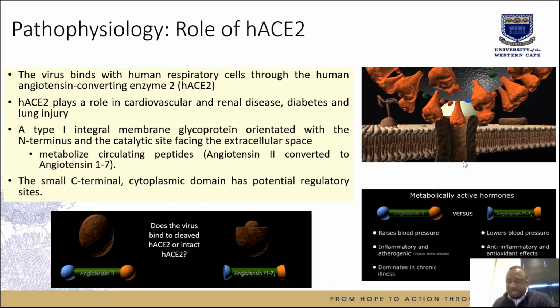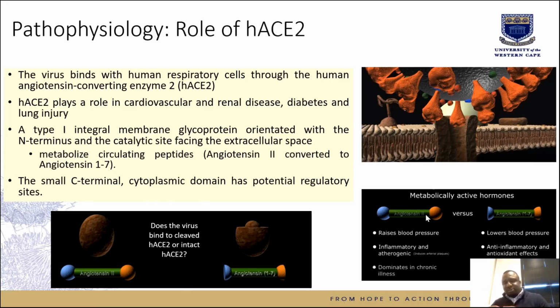But most importantly, there's a particular enzyme that cleaves this hACE2 and releases a peptide that binds to angiotensin 2. If you think about the RAS system, which I'm not going to talk about now, the final output of that system is angiotensin 2, which raises blood pressure and also has an inflammatory effect within the body.